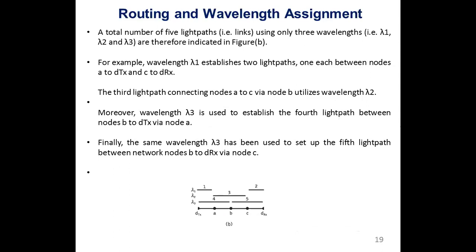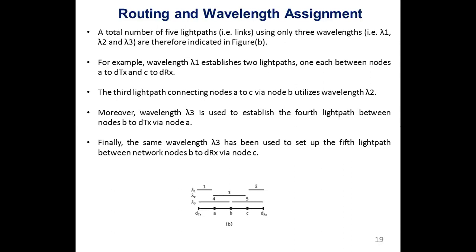So the total number of light paths is 5, and the number of wavelengths which we are using is only 3, and that is indicated in figure B. So wavelength lambda 1 establishes 2 paths, one from node A to D DTX, that is A to the last node D receiver, and the other from C to DRX.